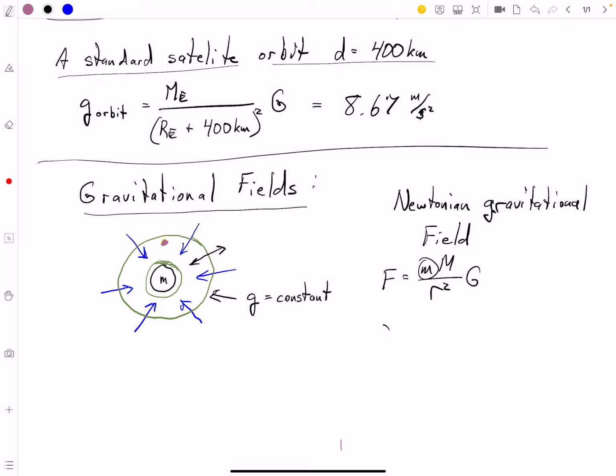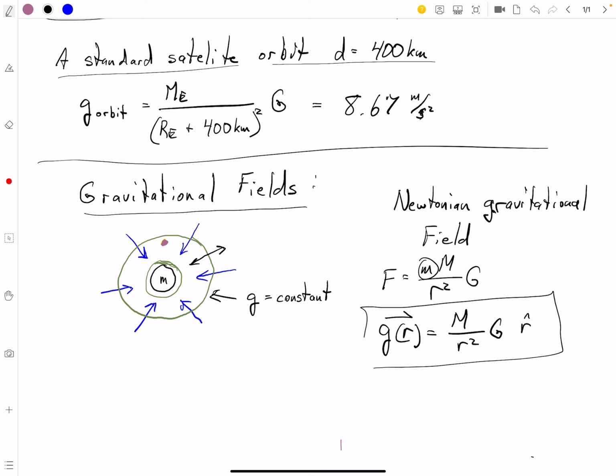What is the field? The field is GM over r squared, where r is wherever we put our object, times G, okay? And then the direction is in the r hat direction, okay?